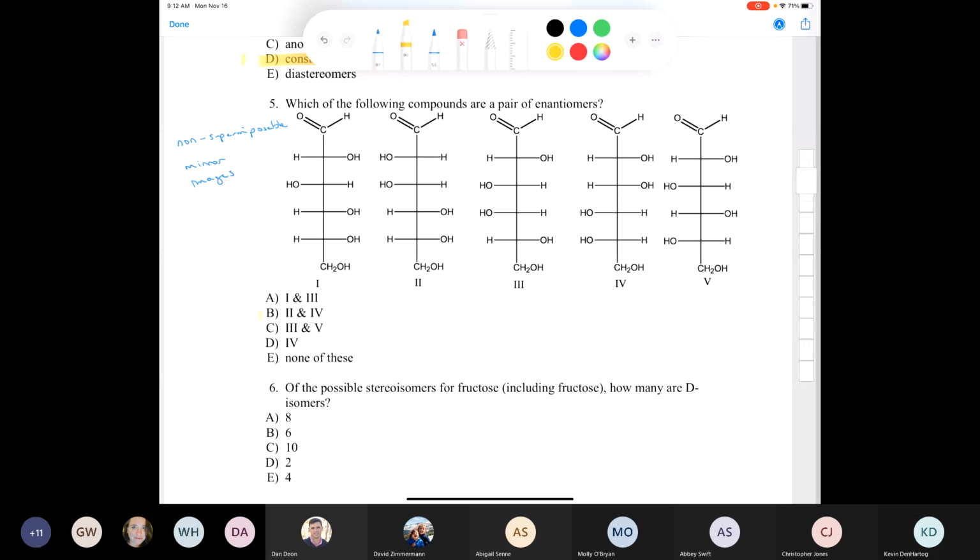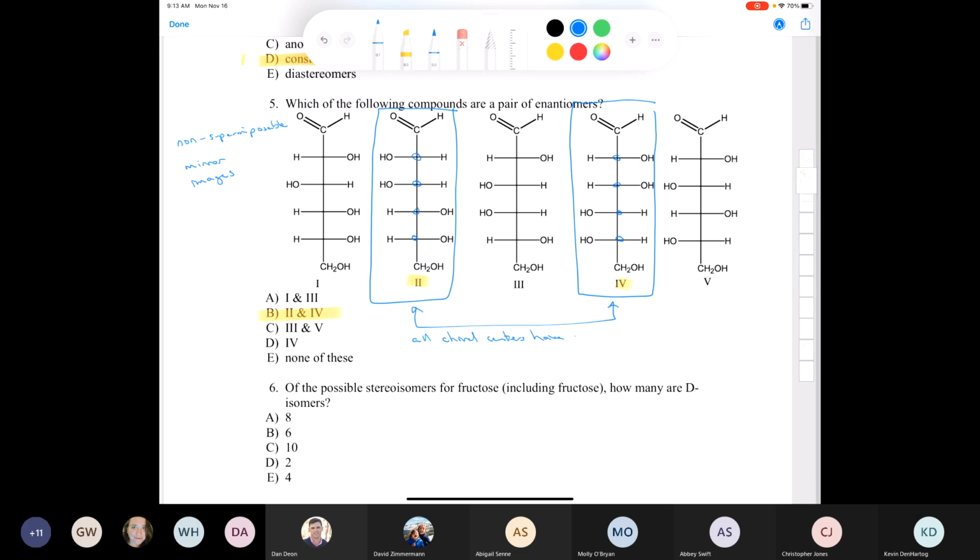It's B. Number 2 and number 4. So if you look at these ones, maybe if I put them in a box, it'll be easier to see. You can see that this chiral center is reversed, this chiral center is reversed, this one's reversed, and this one's reversed. So we'll put here: all chiral centers have opposite configuration. All right, there we go.